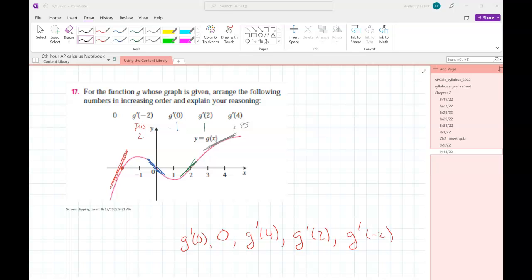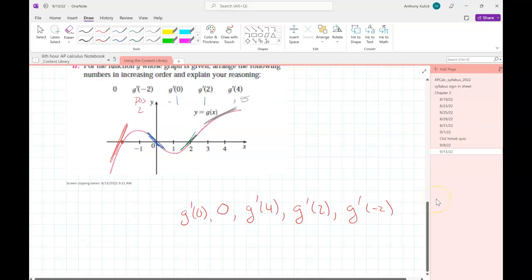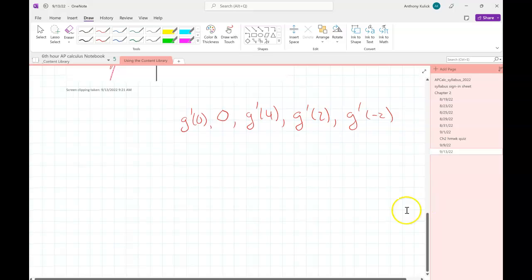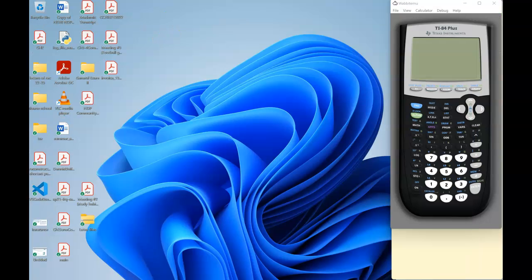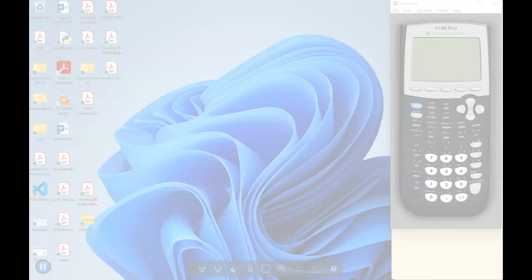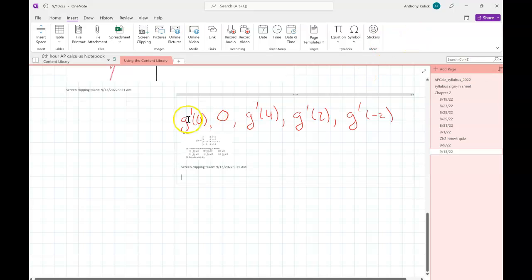All right. I'm going to screen clip this one also, just because the piecewise function is pretty big. And I honestly don't trust myself to copy it down correctly without having to look back and forth about 16 times.